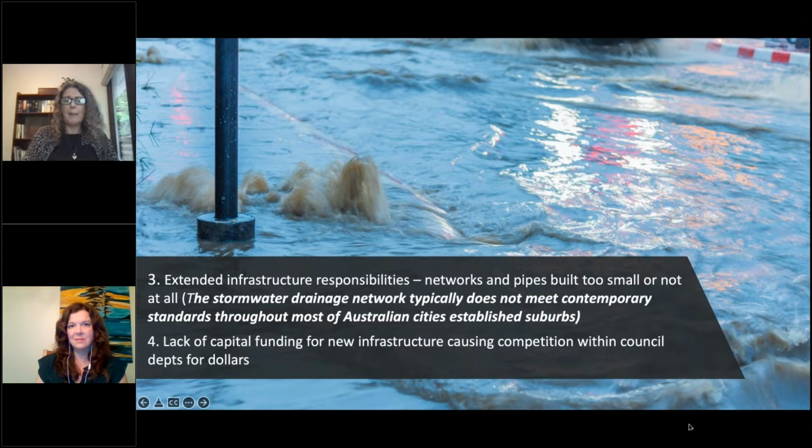Obviously, there's the lack of capital funding for new infrastructure, and there's quite often a competition. I'm hearing from councils that they've got the strategy, they want to try and implement it, but then there's another crisis in another department, so money that was actually focused on new infrastructure goes somewhere else.